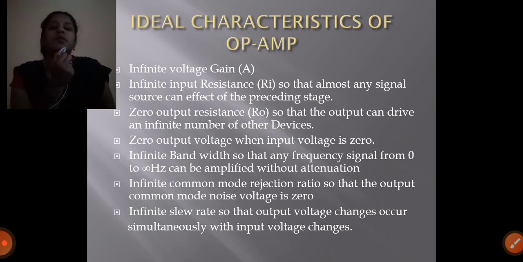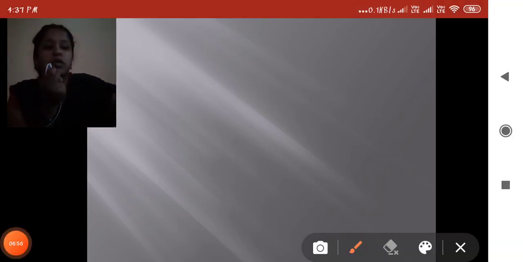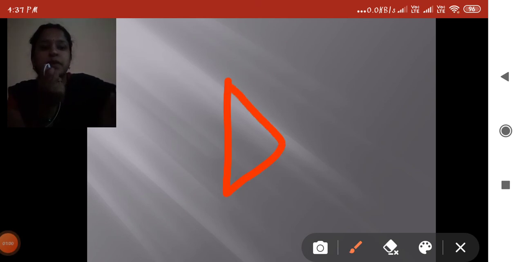Yes, for example the input voltage is zero. I'm going to draw it. For example, V naught equals A into VID.